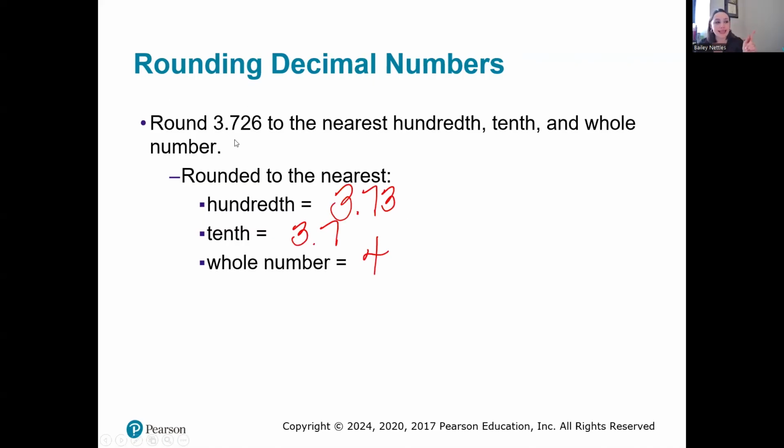If I want to round to the tenths, the answer is 3.7 because this 2 is less than 5. That means it doesn't round up. We let it stand. It is what it is, 3.7. If I want to round to the whole number, I take this 3 only and look at the 7 behind it. The 7 is over 5, so it rounds up. The answer is 4.